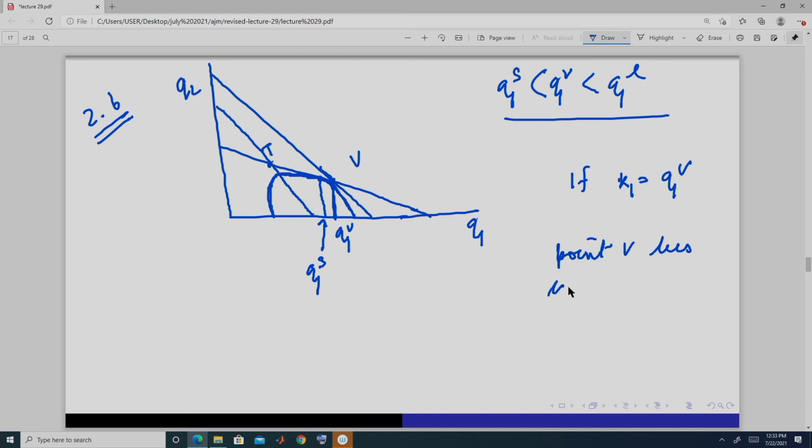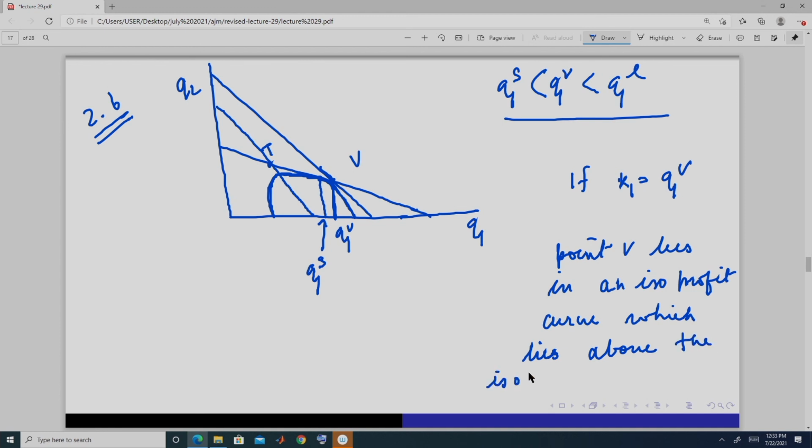So this point V lies in an isoprofit curve which lies above the isoprofit curve passing through the Stackelberg outcome, this point.